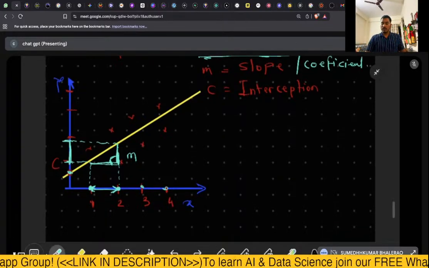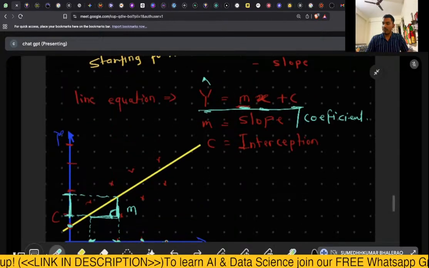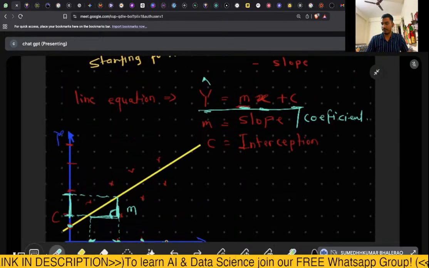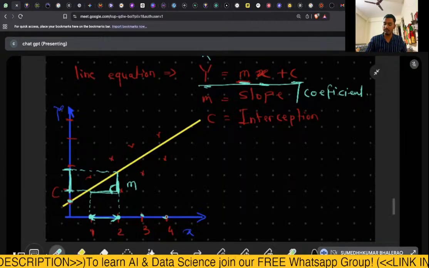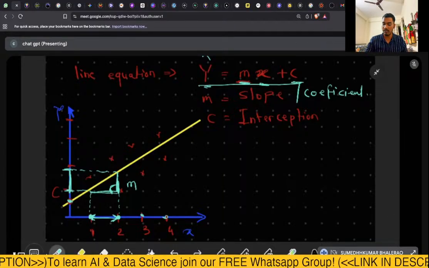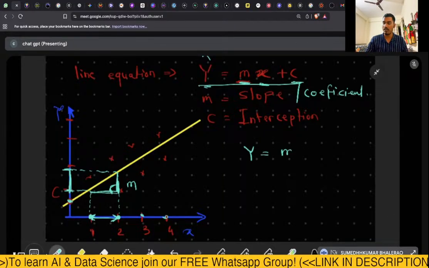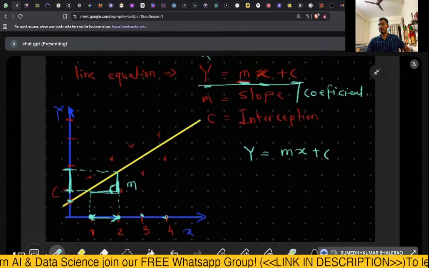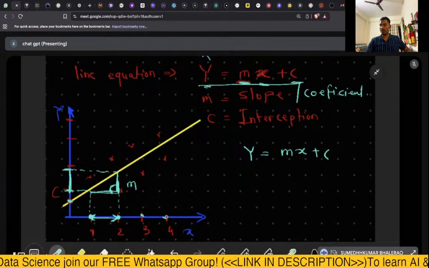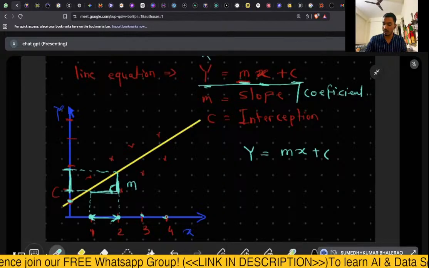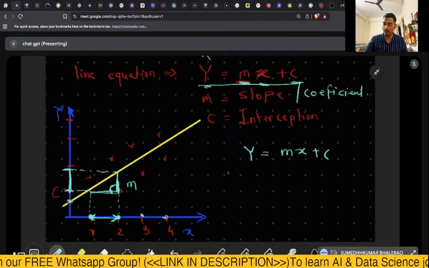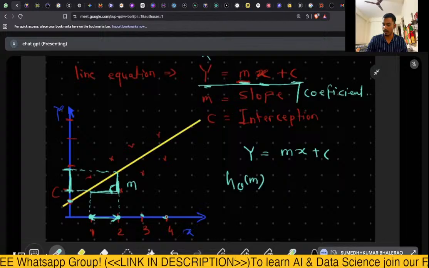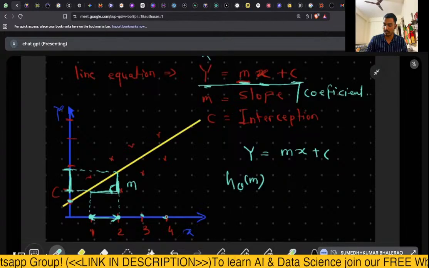All right. So in data science, they have a very similar formula. What we have written is y equals mx plus c. Data scientists have developed a similar formula called h theta of x.